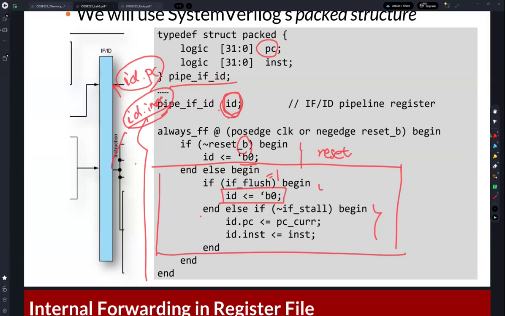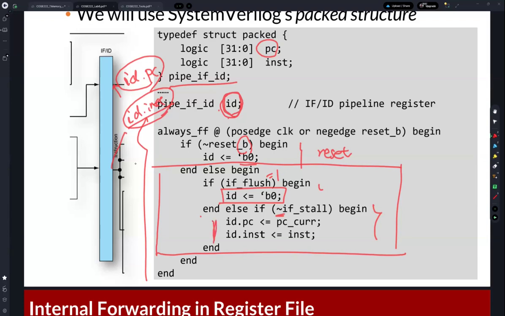If instruction fetch underbar store is 1, it means the instruction fetch stage is stored. But I just mentioned, use the not signal, because we just use the digital signal, right?